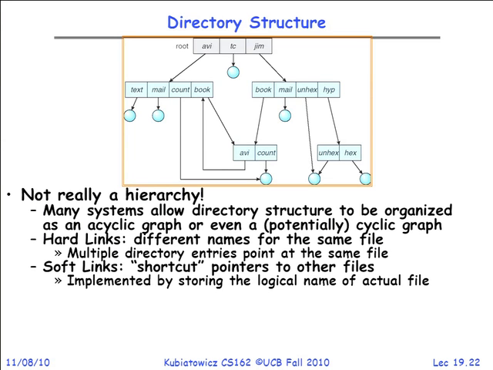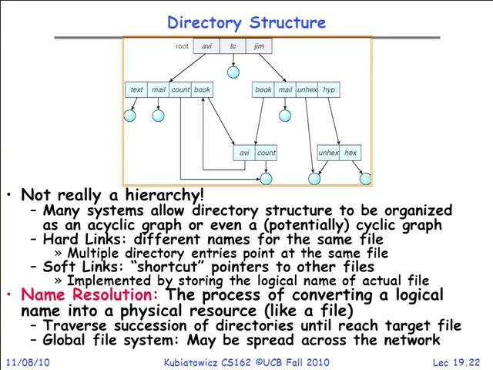Okay. So name resolution is the process of resolving names. Ooh, isn't that deep? Now, what do I mean by name resolution? Well, if I'm trying to get to this file, and I know that the name is /gim/hype/hex, then name resolution is the process of taking that string and turning it into this inode.